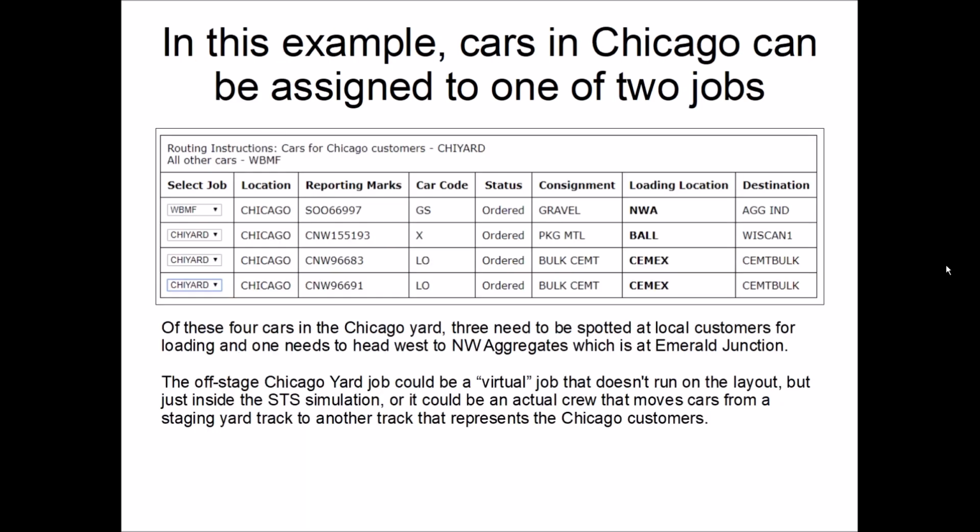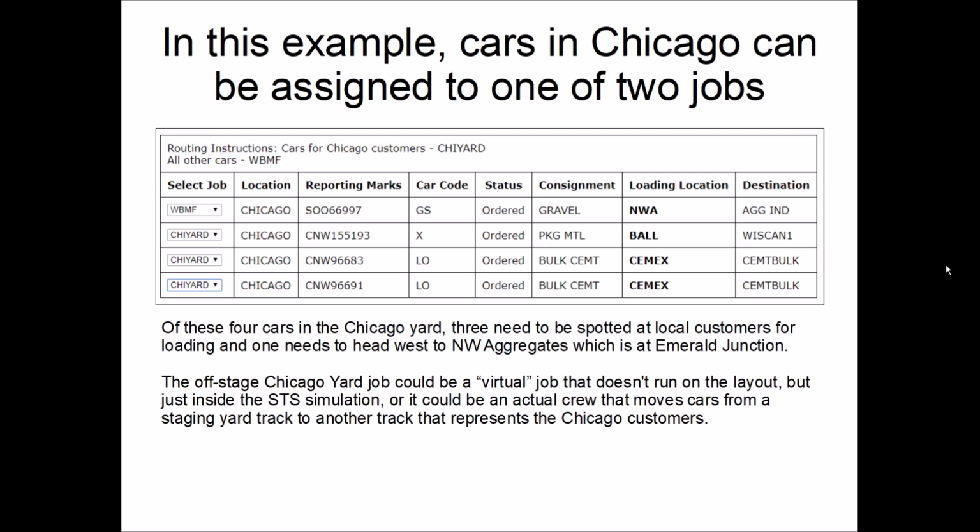So we've assigned each of those four cars to a job. The first one, the SU 66997, is going to be moving to the Northwest Aggregates in Emerald Junction, and so that'll be handled by the westbound manifest freight.